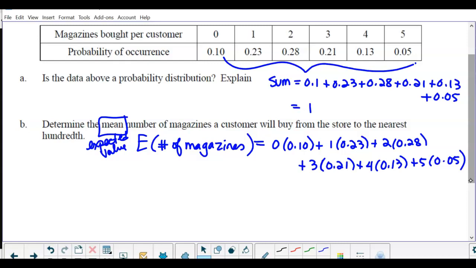Then do that calculation. Obviously, this first term is 0. You've got a value for that.